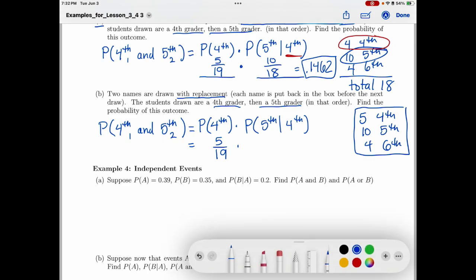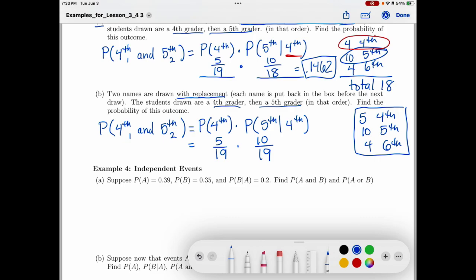So when we find the probability of getting a 5th grader after a 4th grader has been picked, that's still going to be 10 out of 19, not 10 out of 18, because we put that 4th grader's name back in the box. These 2 events are independent because we used replacement.